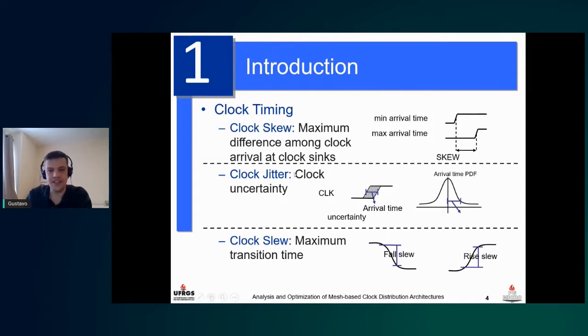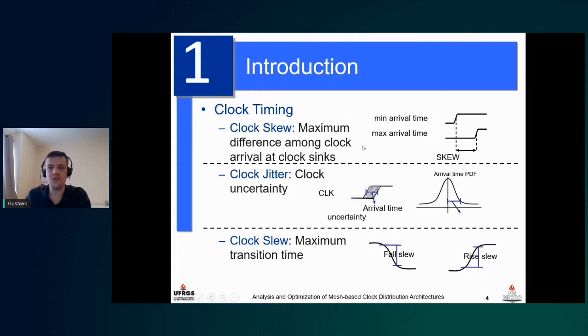The clock jitter represents the clock uncertainty, so it's the statistical variation of the clock arrival time over the clock sinks, and the clock slew is defined as the maximum transition time for the clock signal.